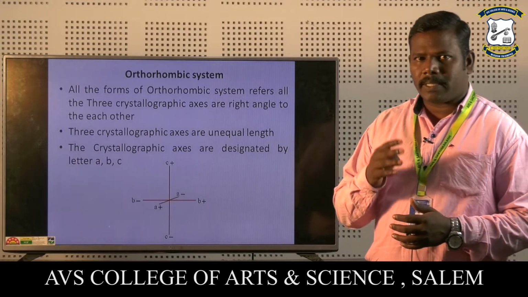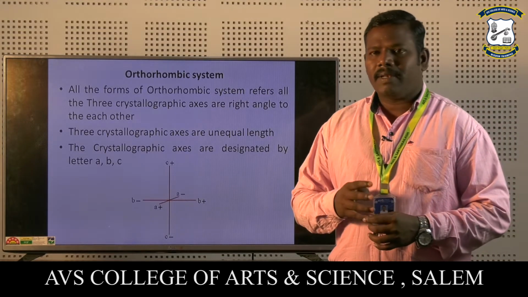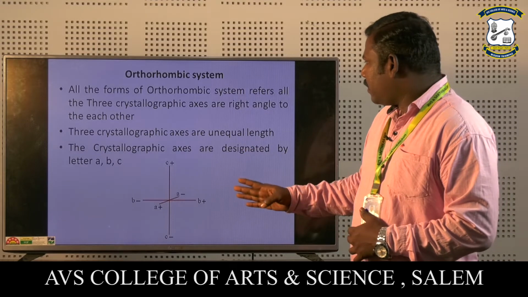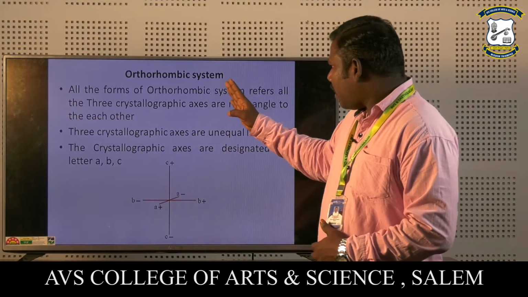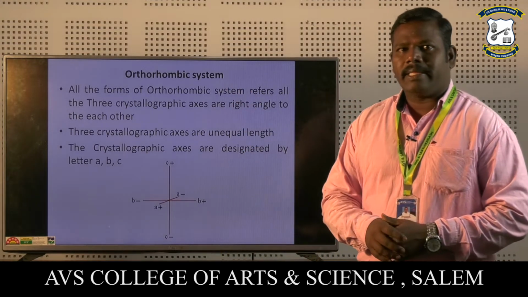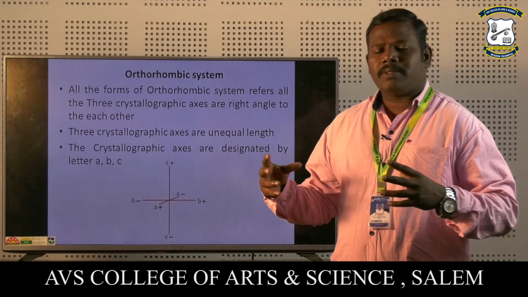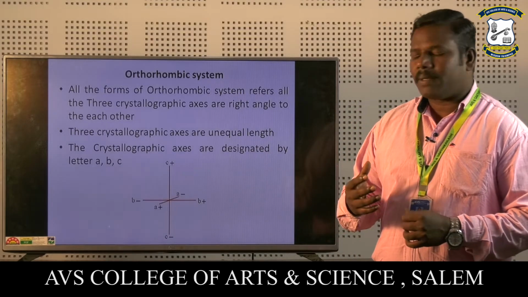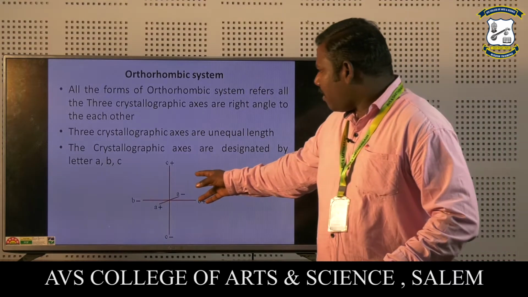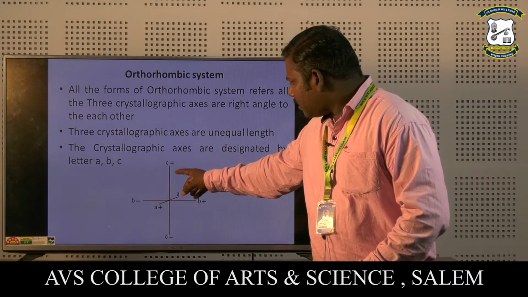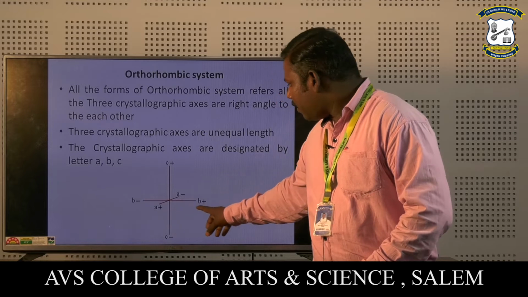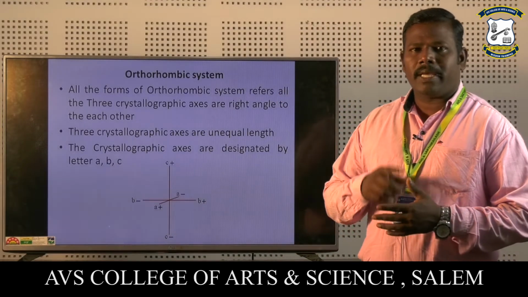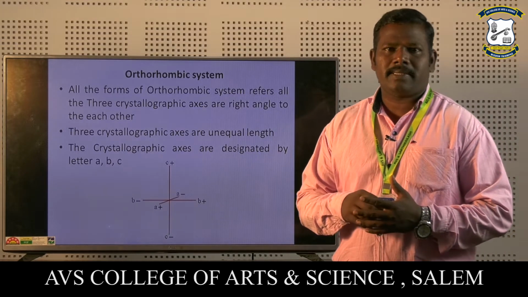When we are orienting orthorhombic system crystals, the longer axis should be the B axis and the rest are oriented automatically. In this picture, we can see the C axis here, the A axis here and the B axis here. So based on the length, we designate them A axis, B axis and C axis.